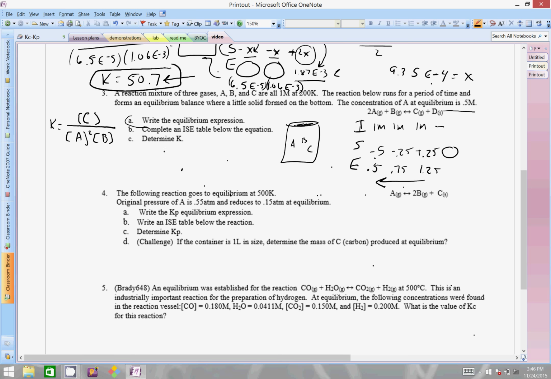I got C, which is 1.25, over A, which is 0.5 squared, times B, which is 0.75. And we get 6.6, which equals my K value, barring any mathematical errors.